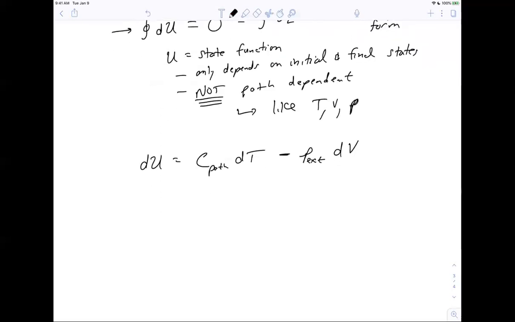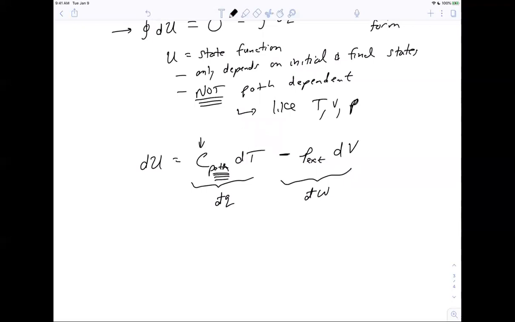What I've done here is substitute what we know for dQ and dW. So we can write dU, our differential form for the internal energy U, as the specific heat, which is path dependent. Remember, there is a constant pressure specific heat and a constant volume specific heat. So that's why this is C path.